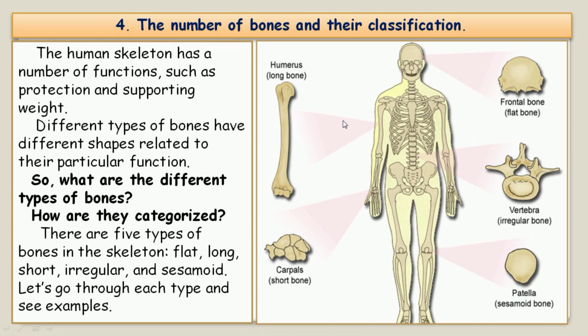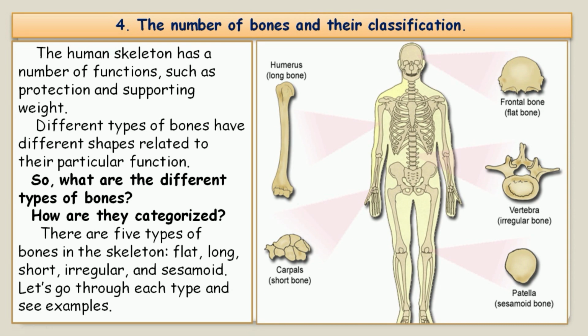The number of bones and their classification. The human skeleton has a number of functions, such as protection and support, which different types of bones serve with different shapes related to their particular functions.